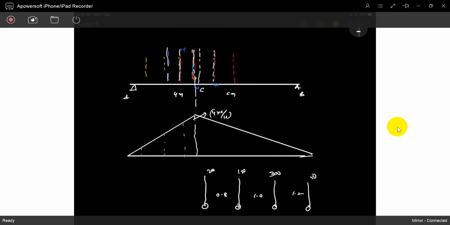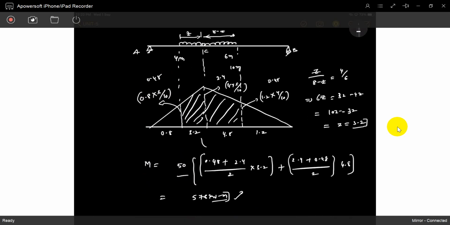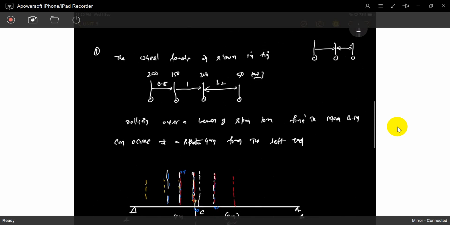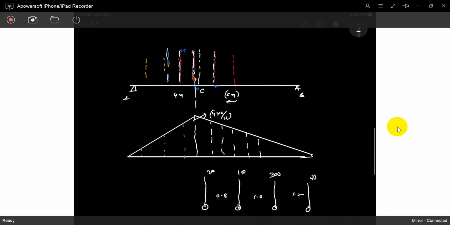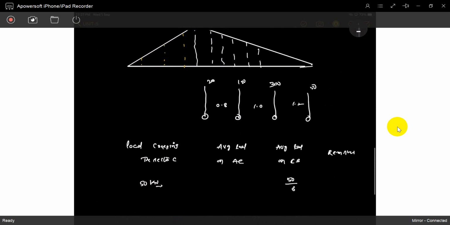If just 50 crosses the section, the load on CB is 50. But it's not only the load. We have to interpret it with the distance also, the CB distance, because these are influence lines. We have to take care of this also, as previously with the uniformly distributed load. So same thing: average load on the span means 50 divided by the span length, which is 6.